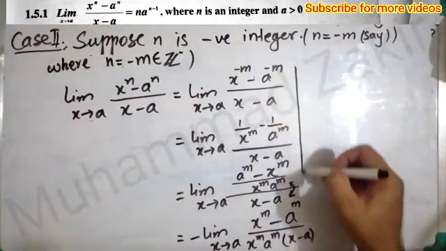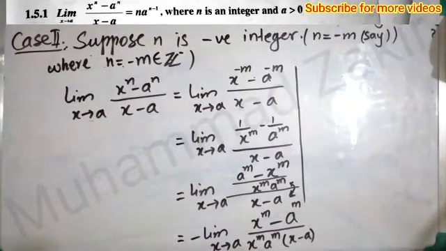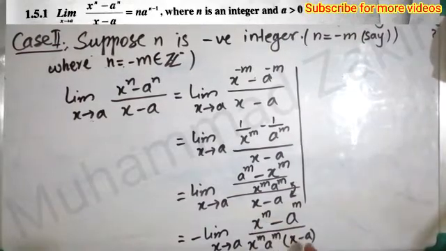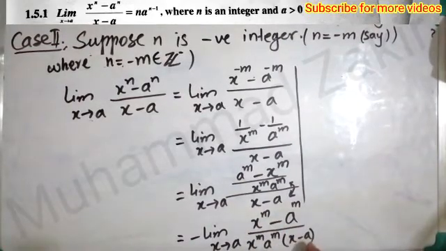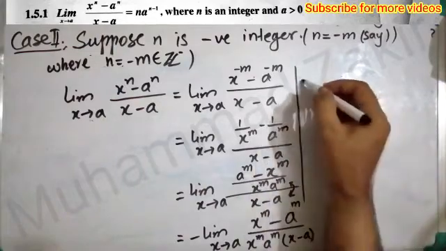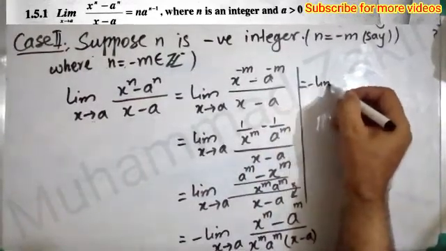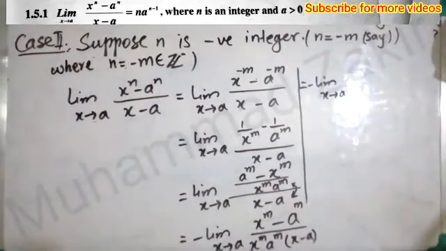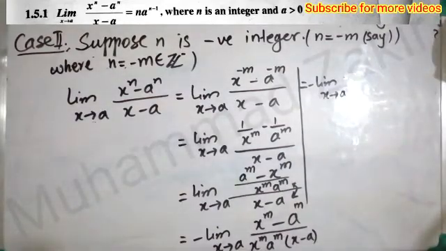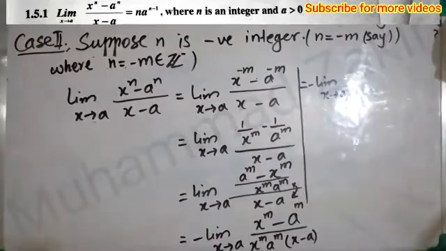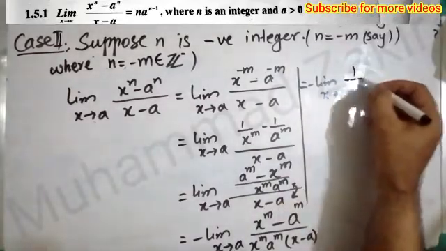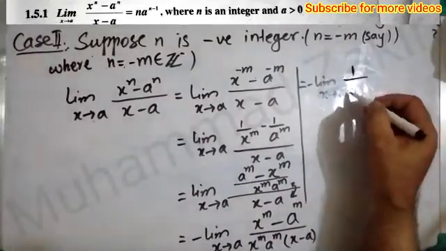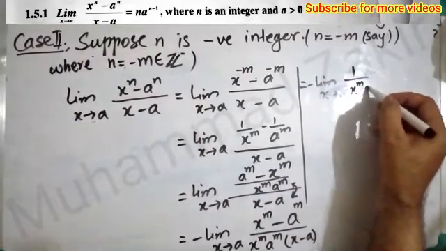Now students, we will see the next form. We separate the structure (x^m minus a^m) by (x minus a). So we can write it in this form, limit x approaches a. The other part is in the denominator, so we can write 1 by x^m a^m.